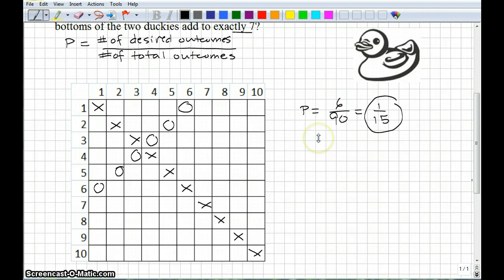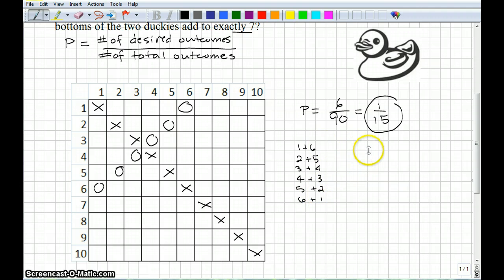Now, there are a number of different ways that you can do this. Another way is to list out the ways to make 7: 1 plus 6, 2 plus 5, 3 plus 4, 4 plus 3, 5 plus 2, and 6 plus 1. So you have 6 possible ways to make 7.